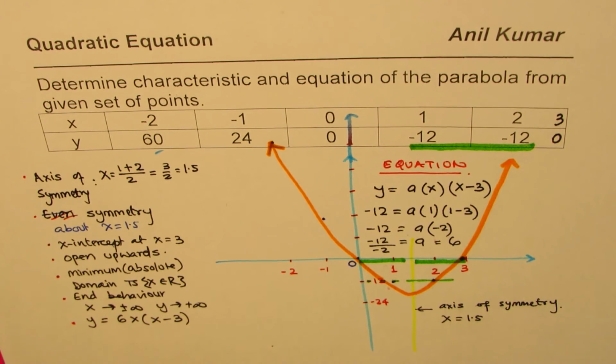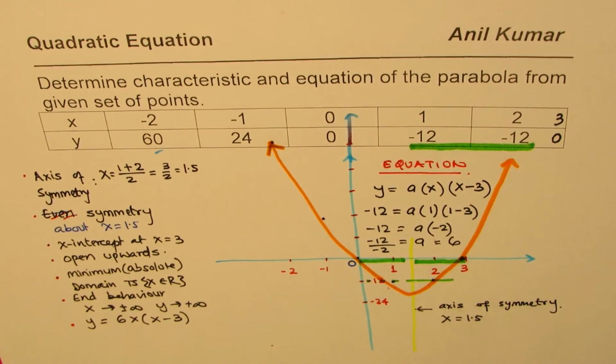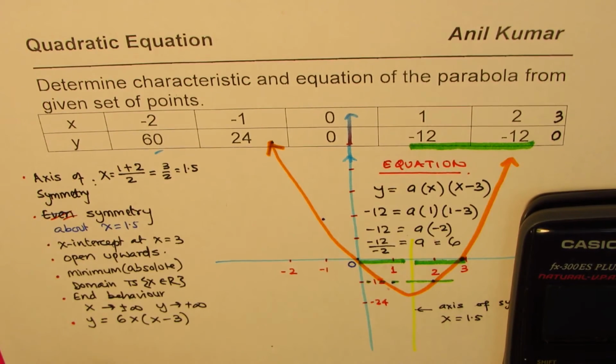Now once we know the equation, we can find the vertex. Since we know the vertex is at 1.5, substituting 1.5 will help us to get the exact value of the vertex, right? So let's find the vertex from here.